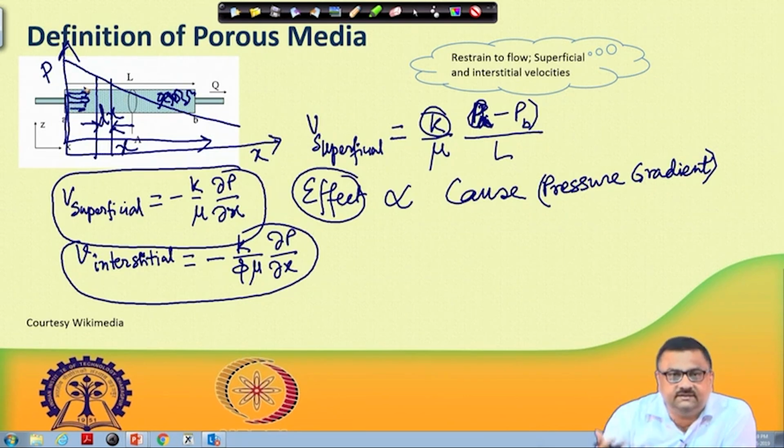So, this is a major assumption, that you are considering this porous medium to be homogeneous, and your reference sampling volume is large enough to draw this kind of continuity.